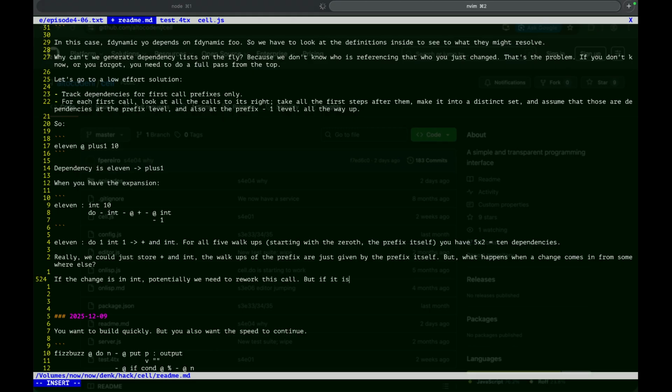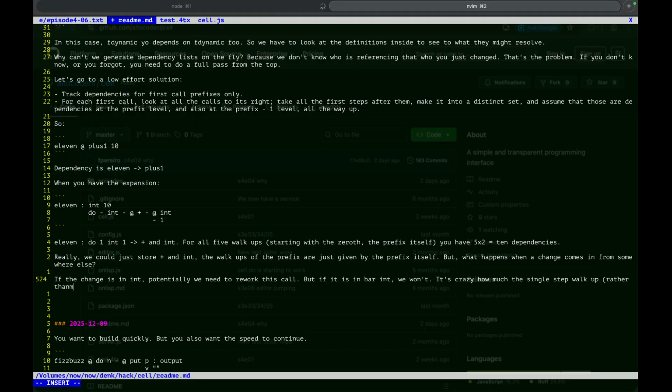But if it is in bar int, we won't. It's crazy how much the single step walkup rather than multiple step walkup is simplifying things for us. All right.